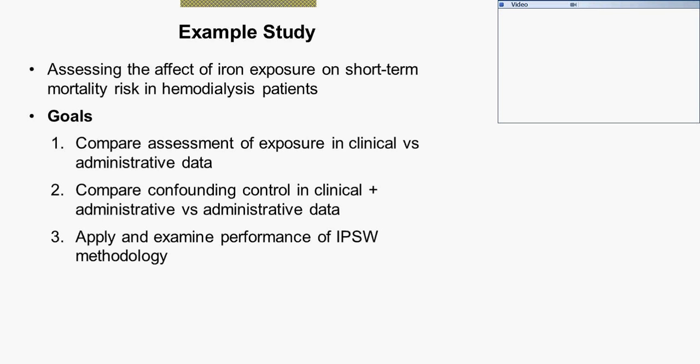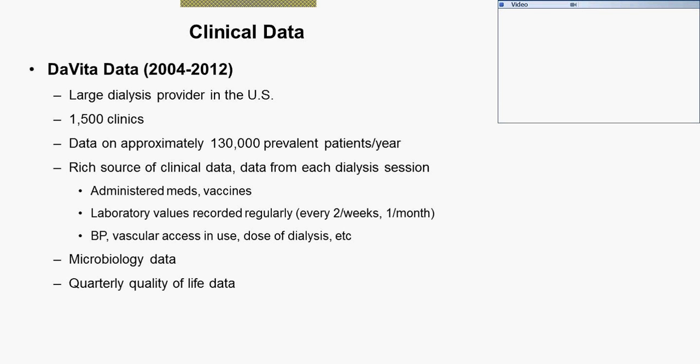I also want to compare confounding control in the full linked data to confounding control using just administrative covariates, to see how much additional confounding control we achieve by using these clinical variables. I'll also apply this inverse probability of selection weighted method as an example.